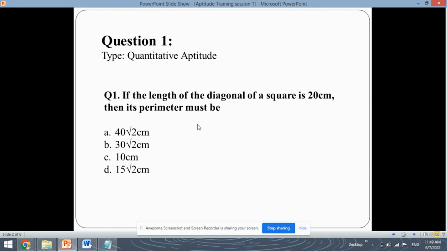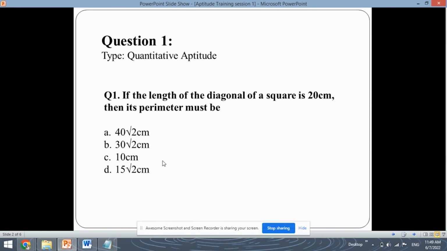This is the first question of our first session. Let's read out the question first. If the length of the diagonal of a square is 20 centimeter, then its perimeter must be... And these are the 4 options that are given.